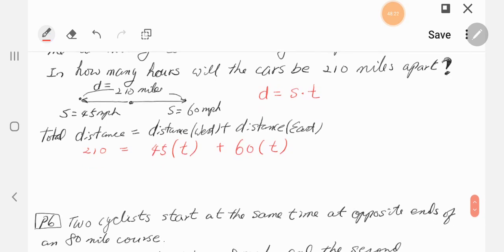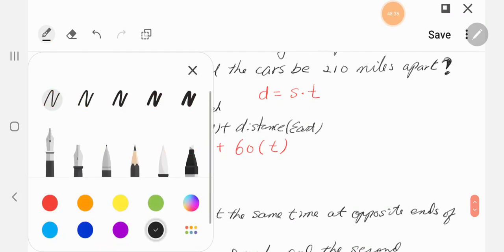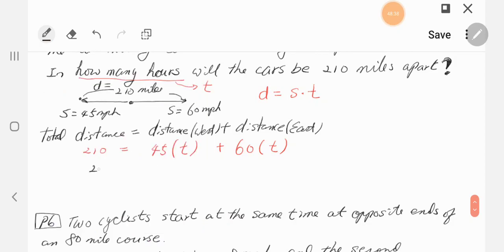So from this equation, let's find t. That is how many hours until the cars are 210 miles apart. Let's simplify this equation. 210 is equal to 45 plus 60, which is 105t. Then divide each side by 105.